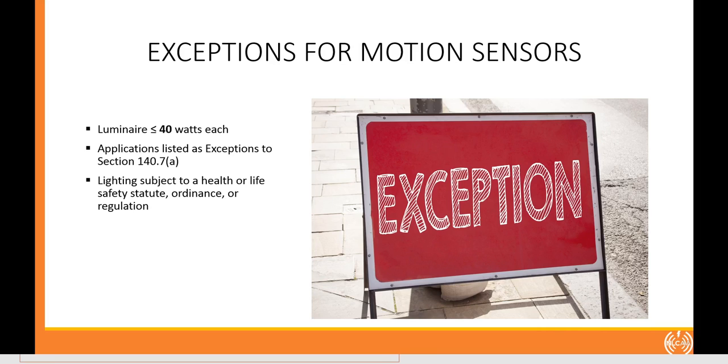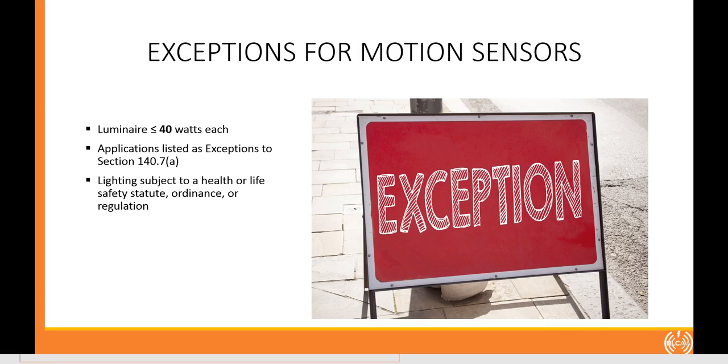All right, so the second exception would be applications listed as exceptions to section 140.7(a). We don't have this section listed in this PowerPoint slide, but just to give you an idea, some of the areas listed under 140.7 would be lighting for public monuments, lighting of signs, temporary outdoor lighting.